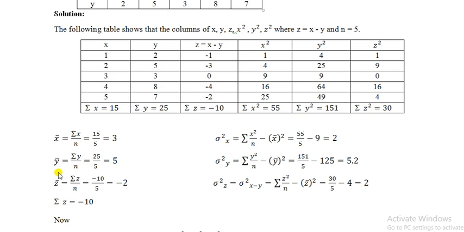Then similarly calculate y bar as summation of y by n, that is 25 by 5, which gives 5, and sigma square y, summation of y square by n minus y bar square, is equal to 5.2. And similarly the z bar value is minus 2 and the sigma square z value is 2.